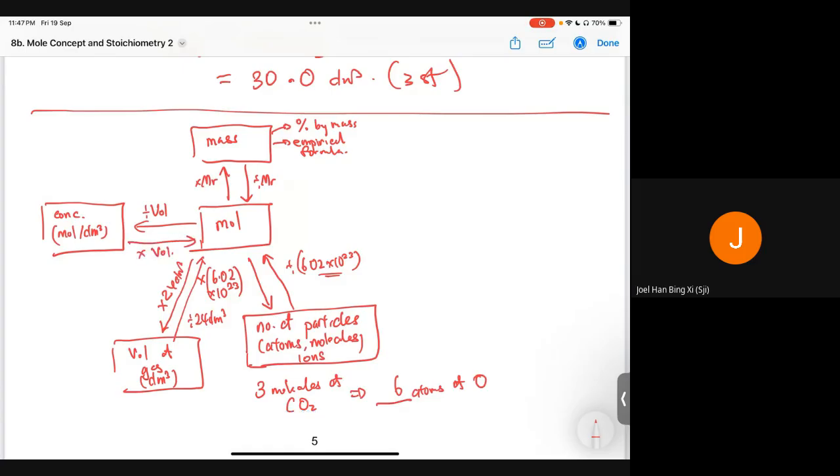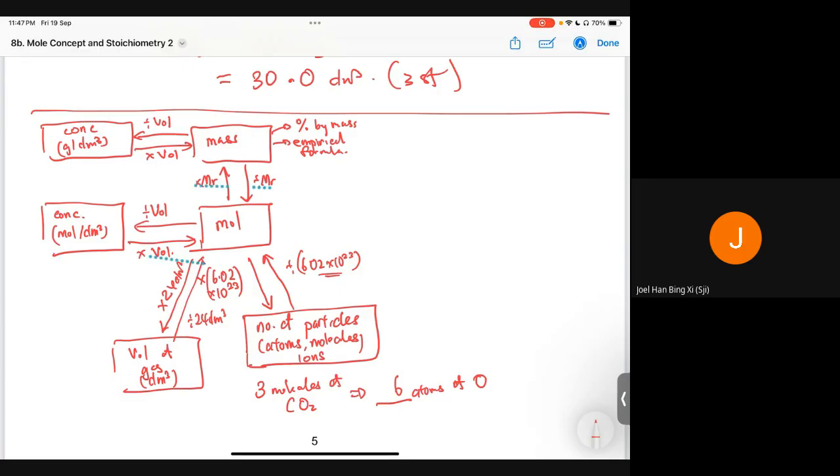And just to wrap this part up, there's one more rectangle here. Because if I take the mass and divide by the volume, actually I can get another concentration. This concentration is a gram per dm cube concentration. Which means I can multiply by volume to get that mass.